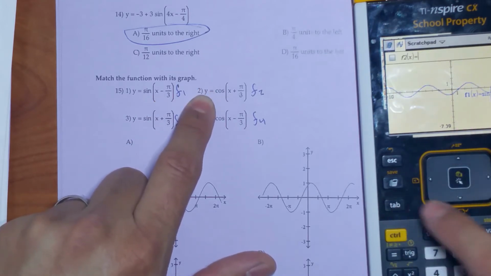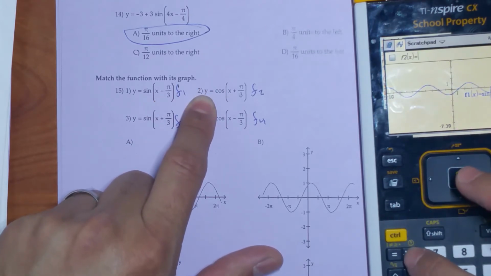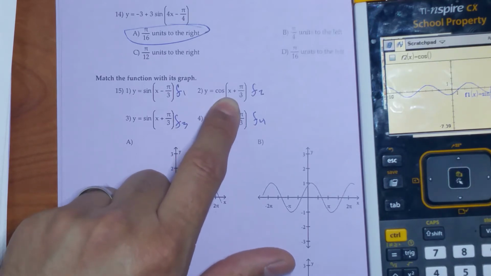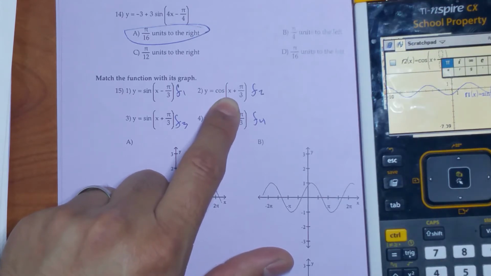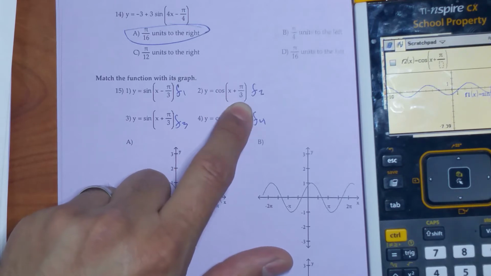F2, hit tab, cosine of x plus pi over 3. Hit tab again.